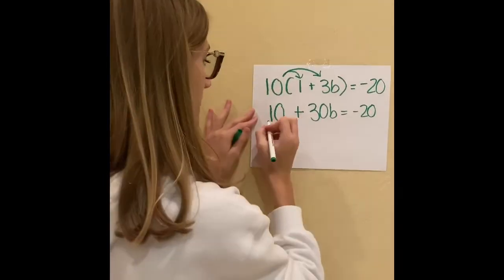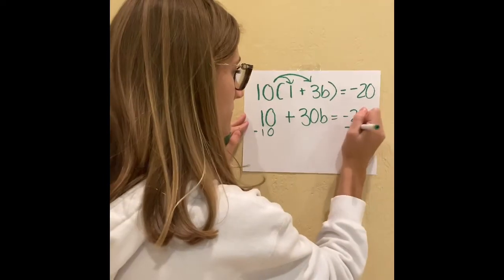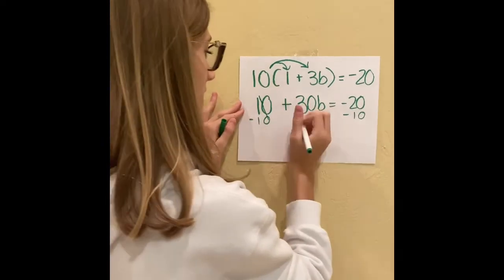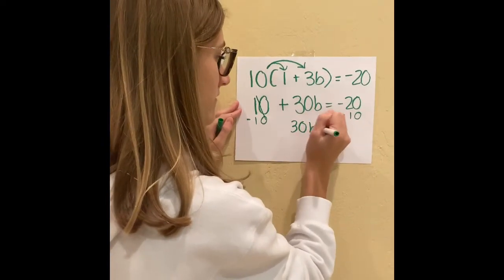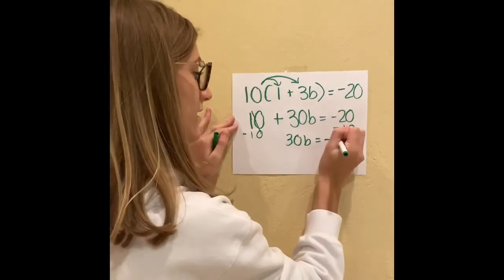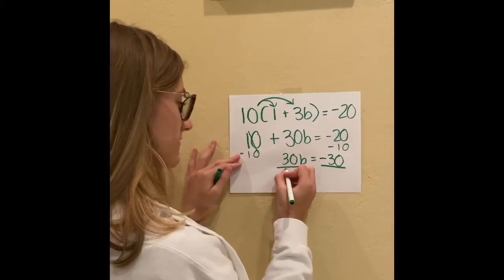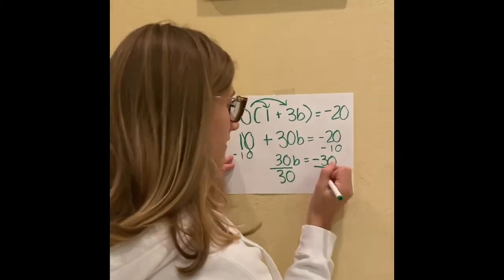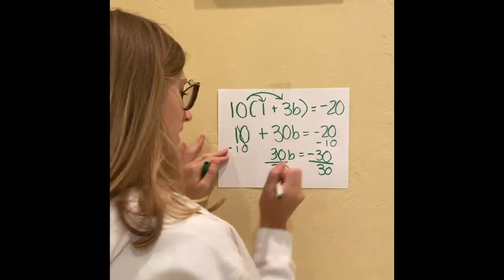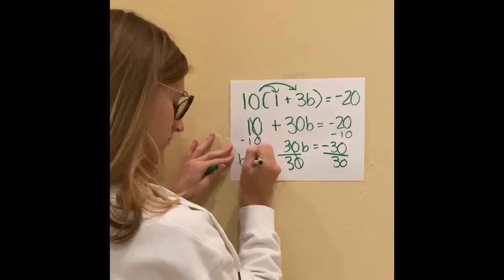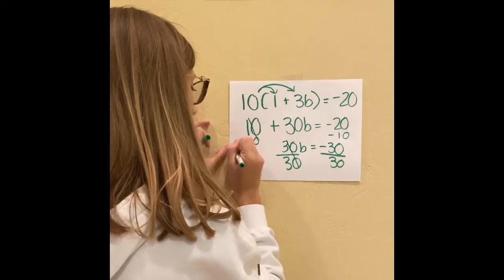So once we do that, we're going to subtract 10 from both sides, and we get 30b = -30. Then we're going to divide each side by 30, and we would get b = -1.